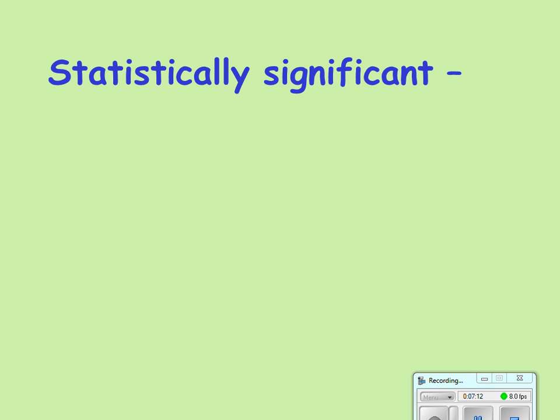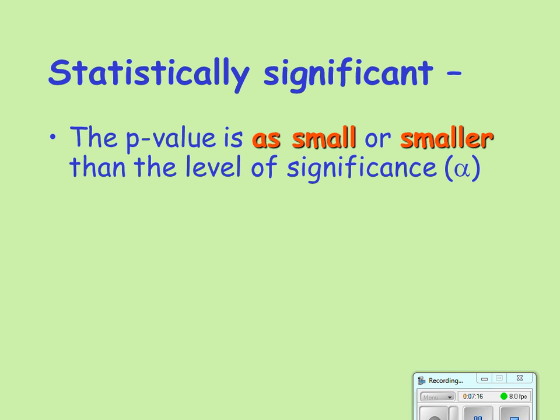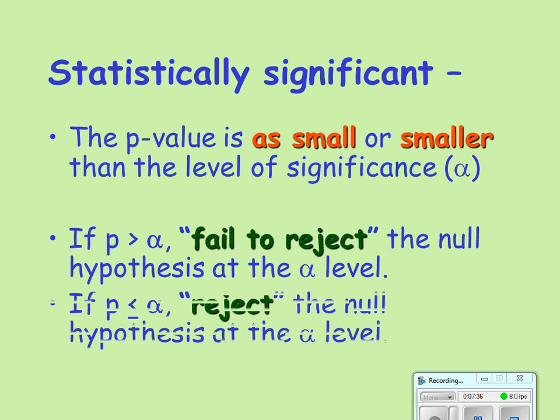So let's talk about what's statistically significant. It deals with the p-value and what our value actually is. You're going to get an answer for a p-value, and we're looking to see if it is as small or smaller than the level of significance. Let's go through the two cases that we could have. If our p-value is greater than our alpha, then unfortunately our null hypothesis stands. We fail to reject the null hypothesis.